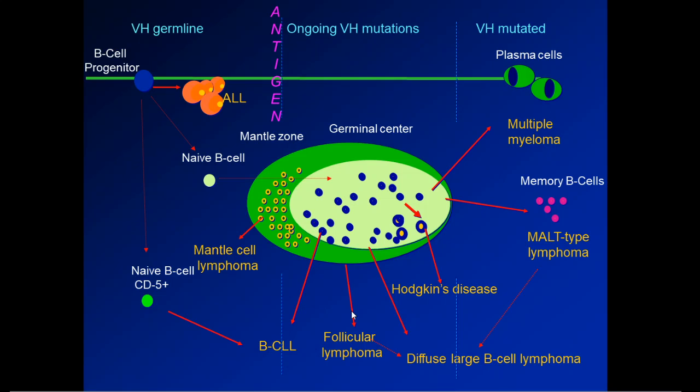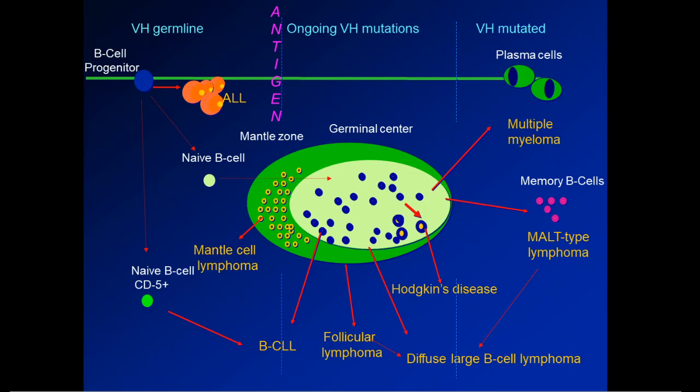Only lymphomas have this situation. Only lymphomas can transform from one type into another. So we have transformation in hemoblastosis, and this is not a rare situation.